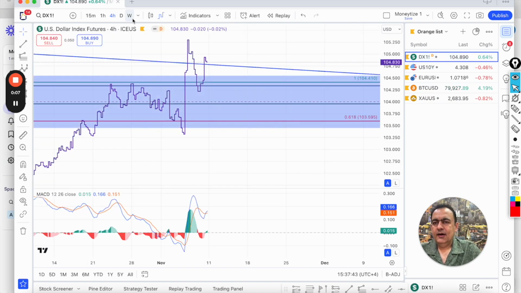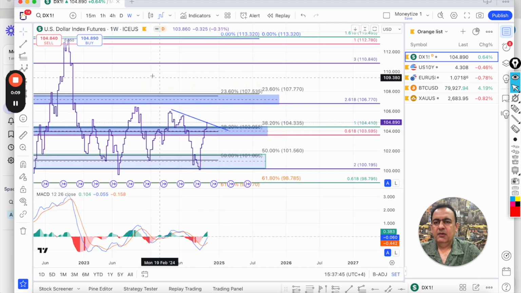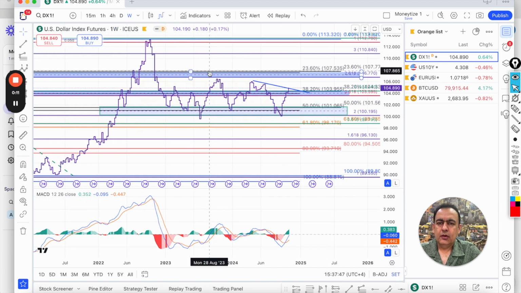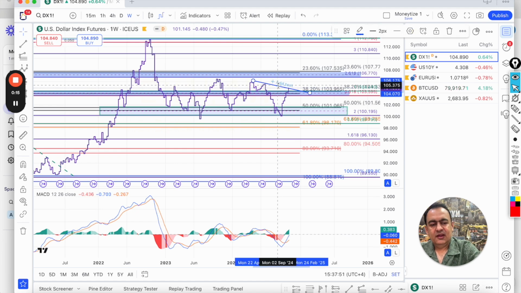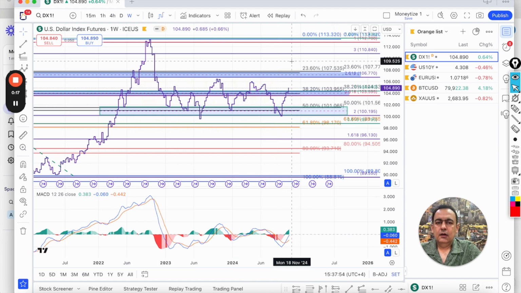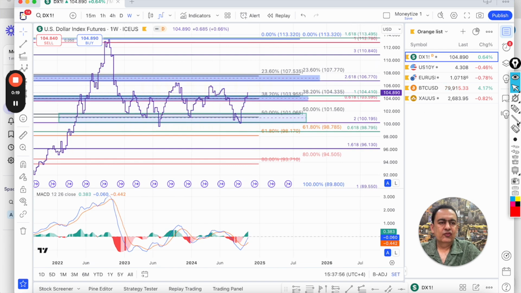So here I have applied multiple Fib extensions, Fib retracements on the higher time frame, and as I've analyzed in my previous video, we have marked three major zones here. So this is our support area.